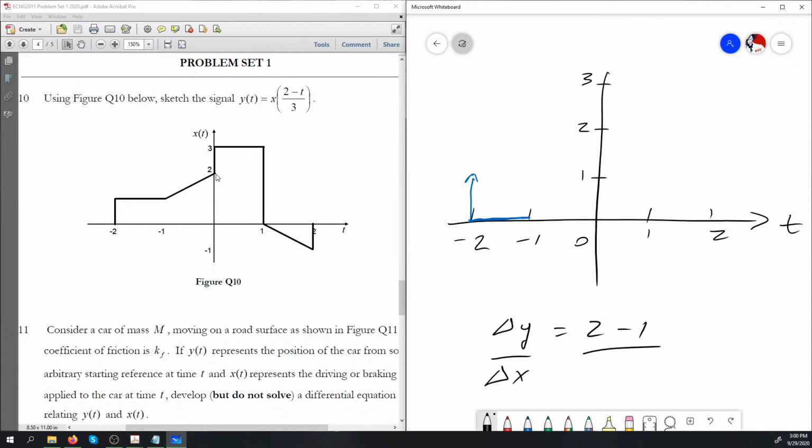And the change in x, because we're going from -1 to 0, is a value of 1 in time. So this gives us a resultant of 1. The gradient of this line is 1, and that is the differential of this line. So we draw a horizontal line here to represent this gradient.